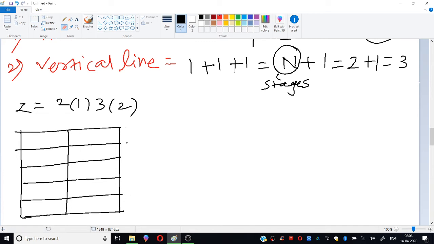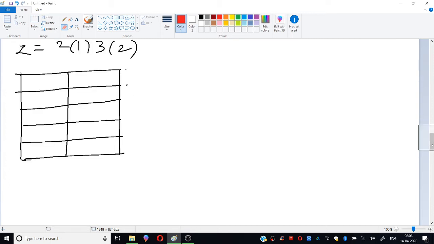Now, how should we proceed in this? This first part, 2 in bracket 1, denotes stage 1, and this 3 in bracket 2 deals with the second stage.